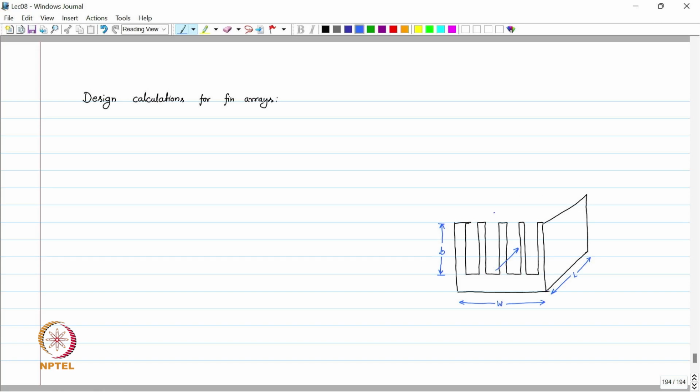The spacing between the fins is S, and the fin thickness is, let's say, delta. And this heat sink is now placed on a casing or the chipset.